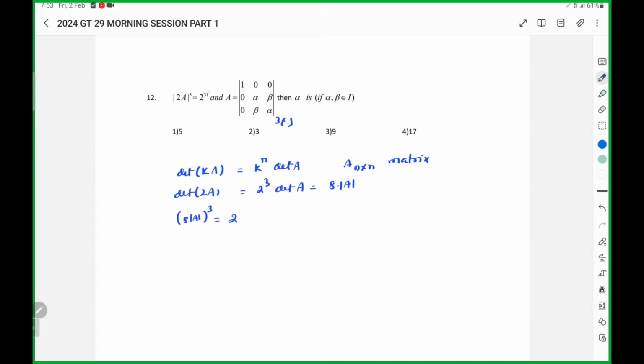It is not 2 power 21. So here it is 2 cube, det A whole cube is 2 power 9, 2 power 12. Det A will be, you can write it as 2 power 4 whole cube. That is 16. Right.